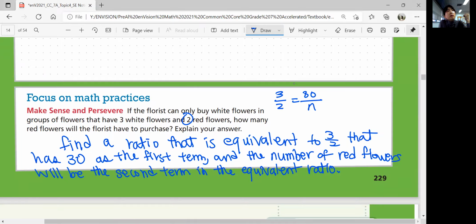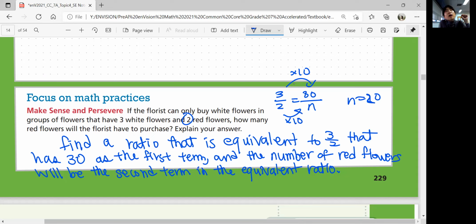So when 3 white flowers become 30, with 3 white flowers you can make 3 arrangements, and you want 30 arrangements. You just want 3 to become 30, so you're going to buy 10 of them. Times 10, so 2 times 10 is n. So n is 10. Wait, n is 20.